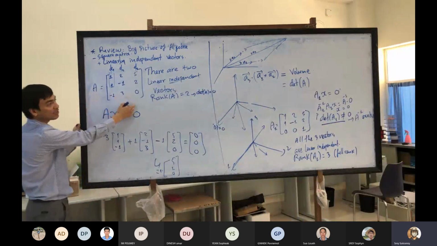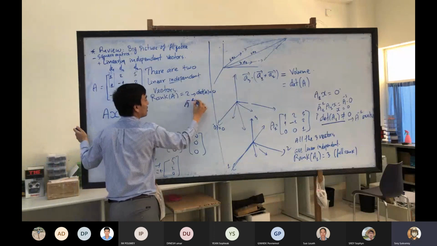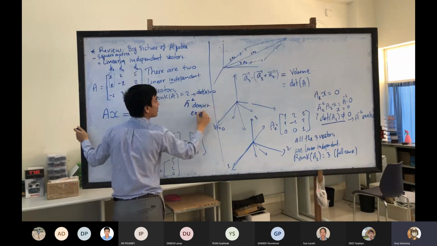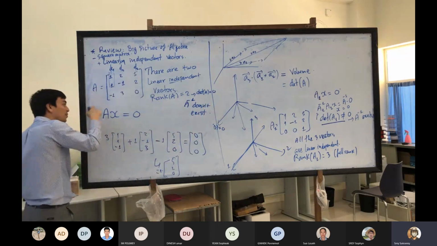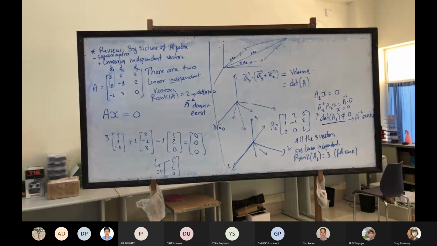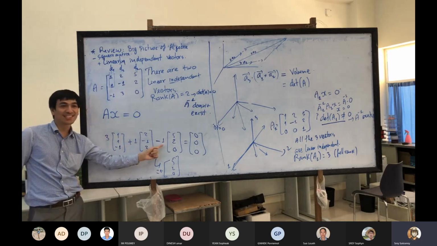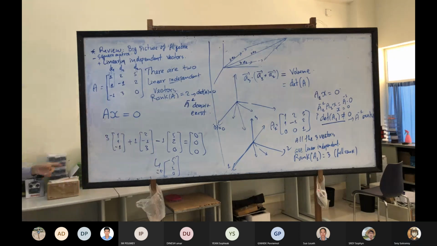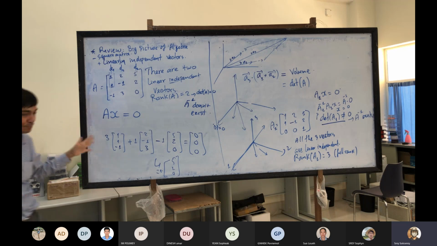No, A inverse does not exist. So you cannot just multiply by A inverse from the left-hand side on both sides. And the nice thing is that we can find x which is non-zero that satisfies this equation. I said this is very important because you are going to use this property to find eigenvalues.